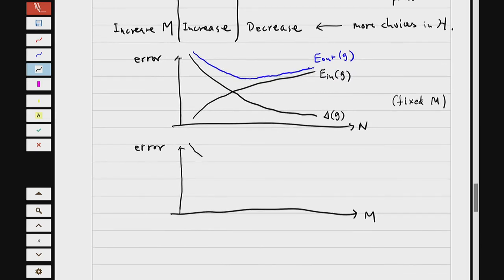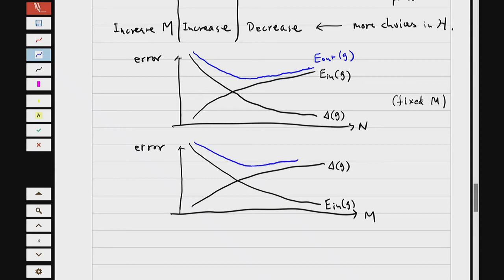So E-in goes like this. And then delta G, unfortunately, goes up. So there's no free lunch. Always one goes up and the other one goes down. And again, you have an E-out that dips down, but then eventually it goes up. It does not stay going down.